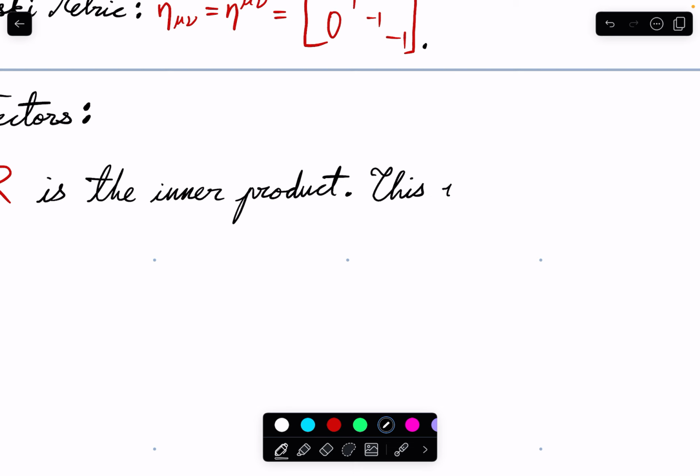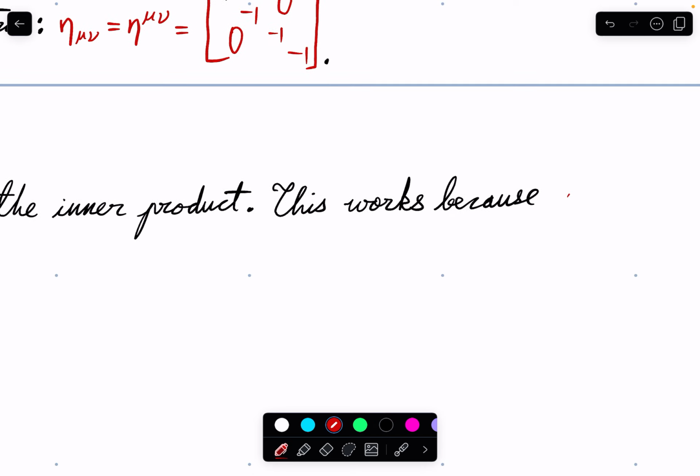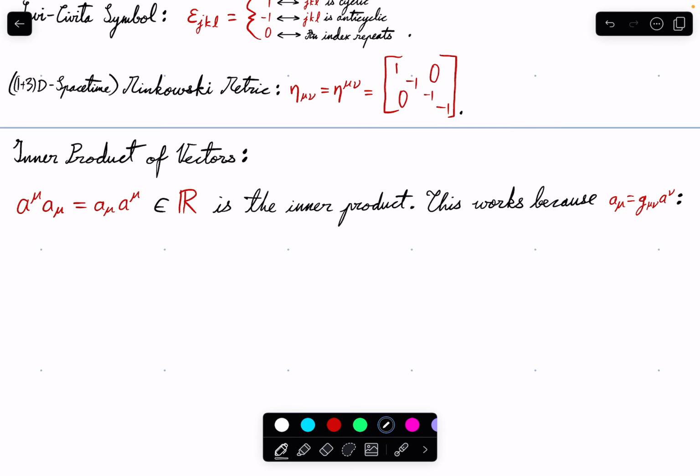This works because A mu is equal to g mu nu A nu. Forgive me, let me rewrite this.